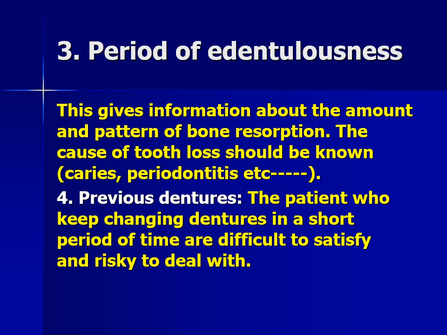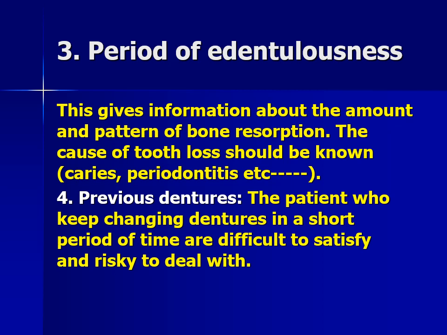Well, the period of edentulousness should be evaluated because this will give information about the amount and pattern of bone resorption. The cause of tooth loss should be known, as you know that a patient who lost his teeth from caries may have less bone resorption than a patient who lost their teeth from periodontitis.